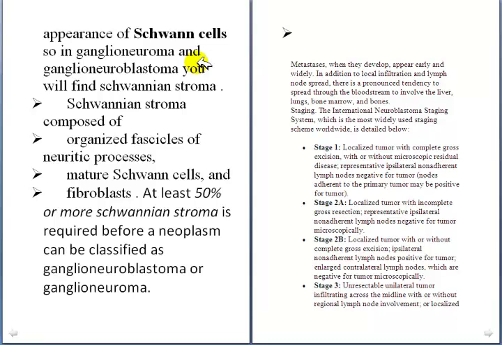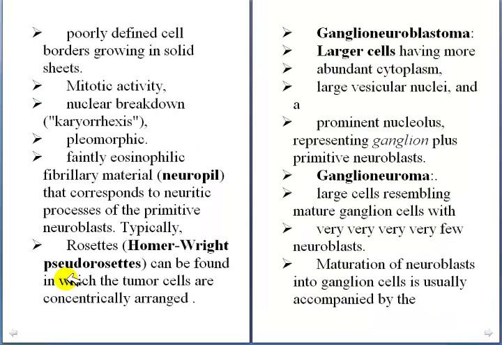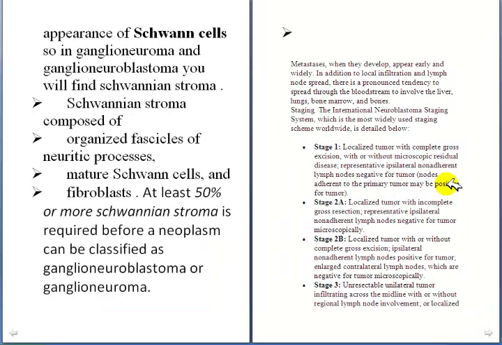The Schwannian stroma is actually composed of organized bundles of neuritic processes, mature Schwann cells, and fibroblasts. Because in order to convert from neuroblasts to ganglion cells, it is accompanied by the appearance of Schwann cells. Okay, and you would also see fibroblasts in the Schwannian stroma.